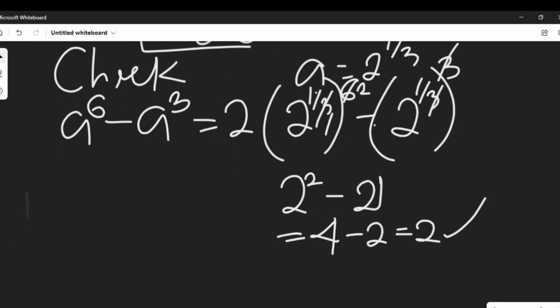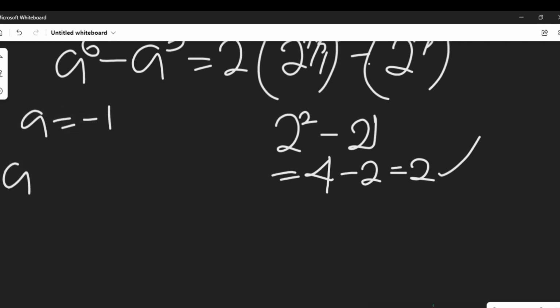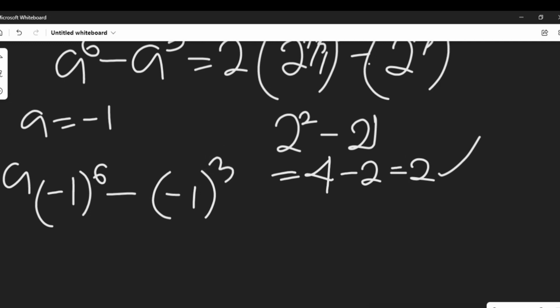Now let's look at the solution for a equal to minus 1. When a is equal to minus 1, we'll have minus 1 raised to power 6 minus minus 1 raised to power 3.